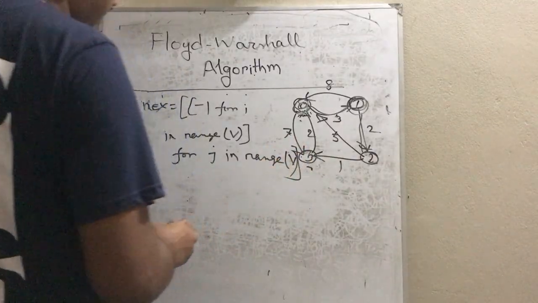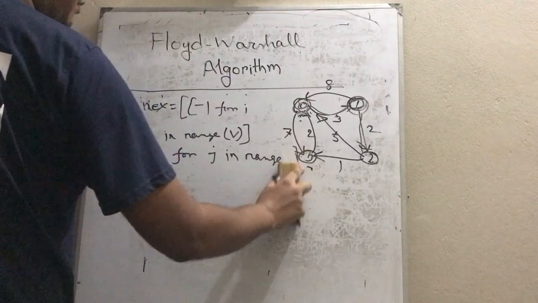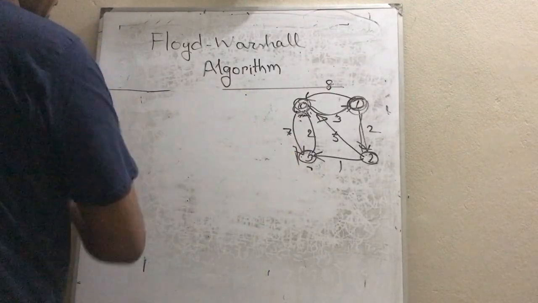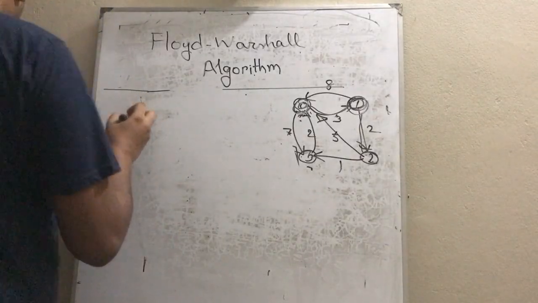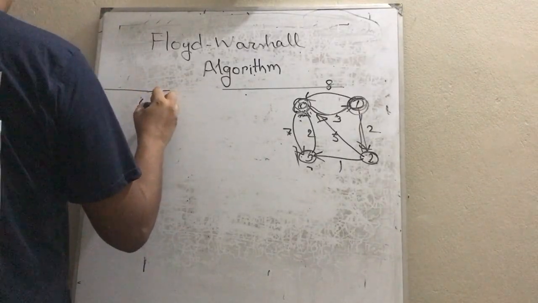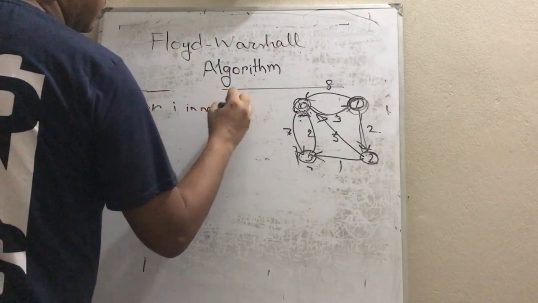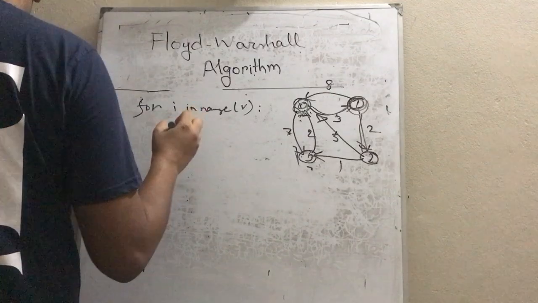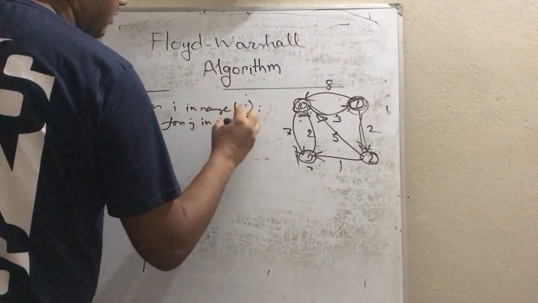Okay, so this will create a V cross V matrix or V cross V two-dimensional array. Okay, you see next. Now how to make the next value: for i in range V, for j in range V.